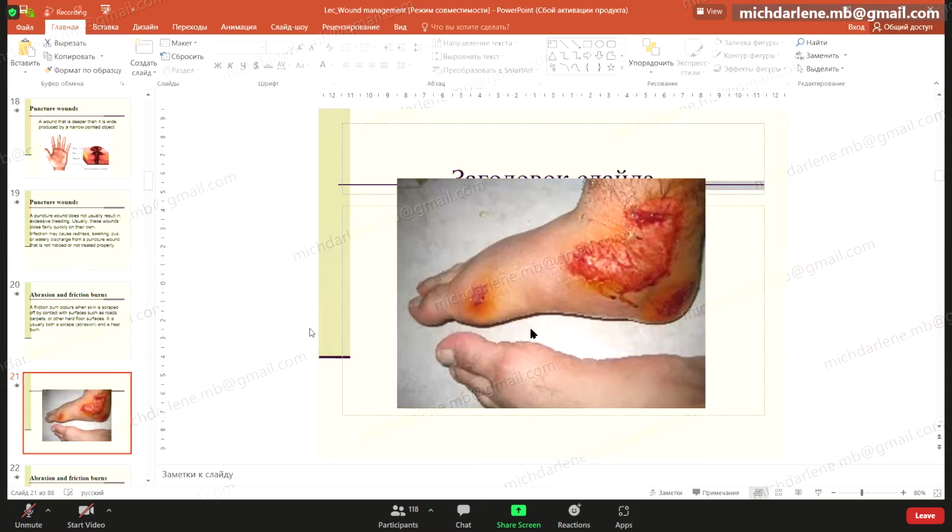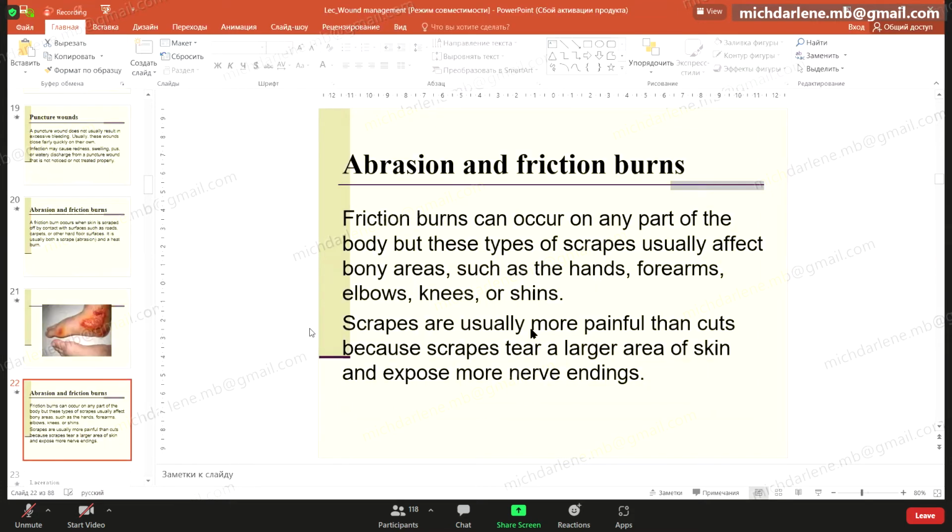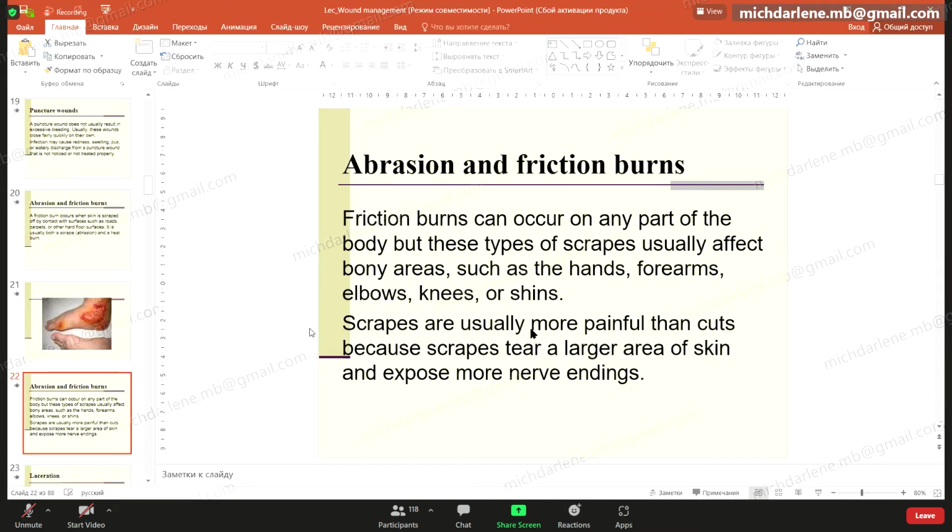That's why you must do the first debridement of this wound totally and use aseptic bandages to prevent your patient from any purulent problems. And don't forget that after a few days, regeneration happens in this wound.